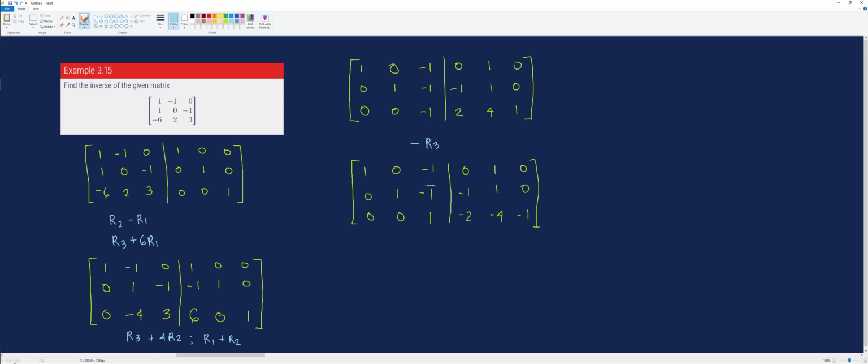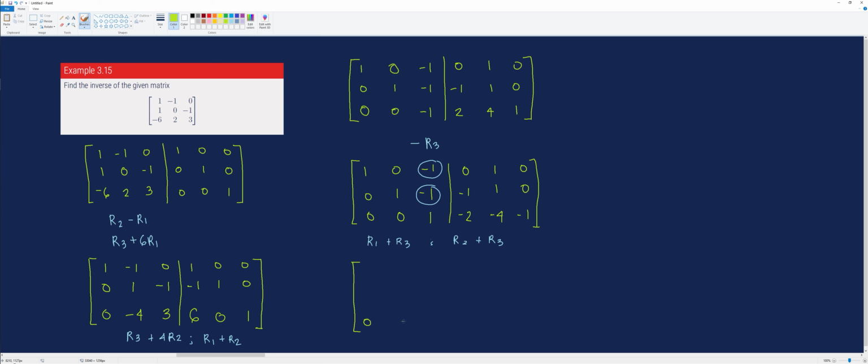Now, we will try to change this one to 0, 0. We can do that by performing this operation, that is R1 plus R3. And similarly, that is R2 plus R3. So for the third row, we will not do anything.